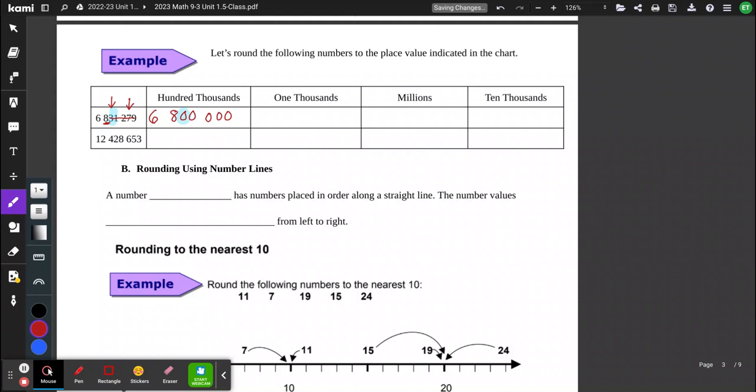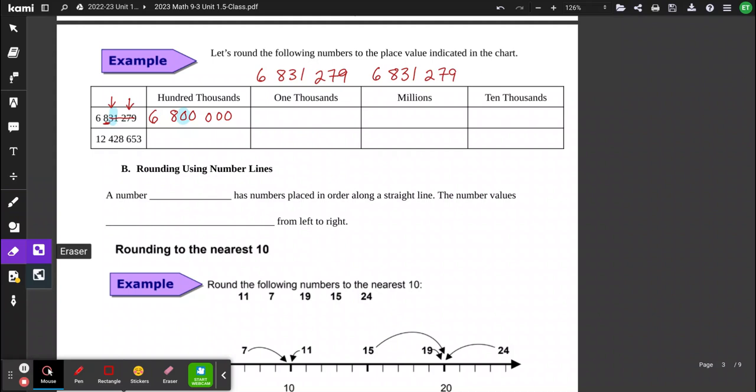Now I'm going to round to the 1000s. I'm going to put the number above it, 6, 8, 3, 1, 279, just so we can see it. It'll be easier that way.